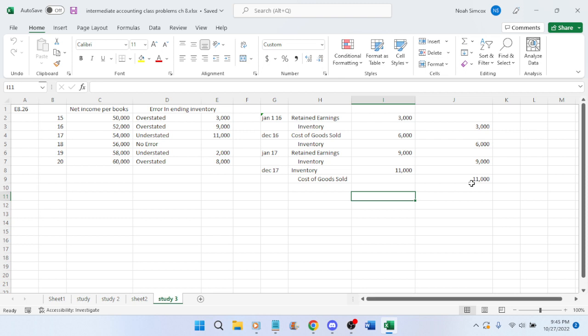And when you decreased net income at the beginning of the year, you decreased retained earnings. When you debit retained earnings, that means it's decreased.